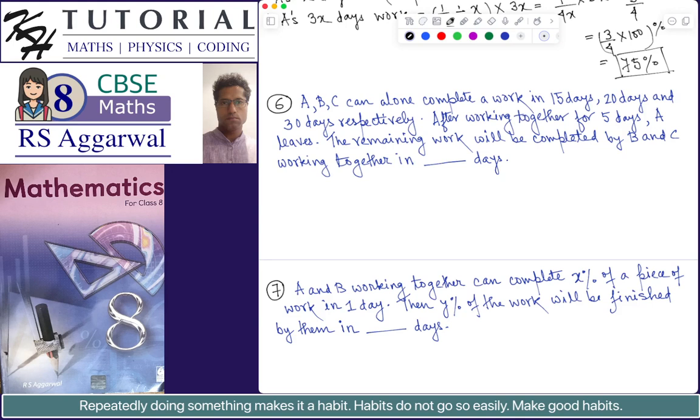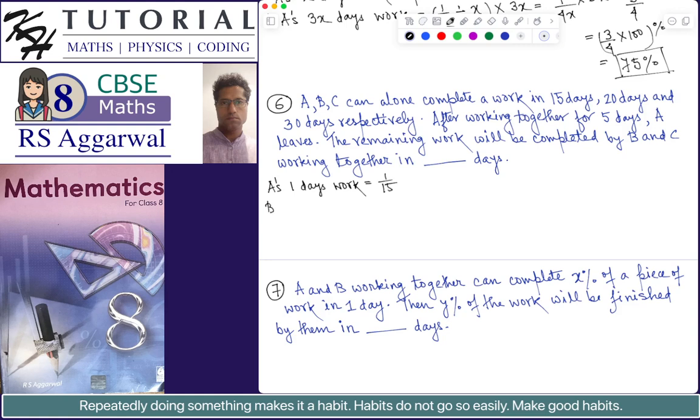Okay. So first we have to know what is the remaining work. But before that, we have to know the amount of work done when A, B, C worked together for 5 days. Now, it is given that individually A, B and C can complete the work in 15 days, 20 days and 30 days. So now we can say that A's 1 day's work is 1 by 15.